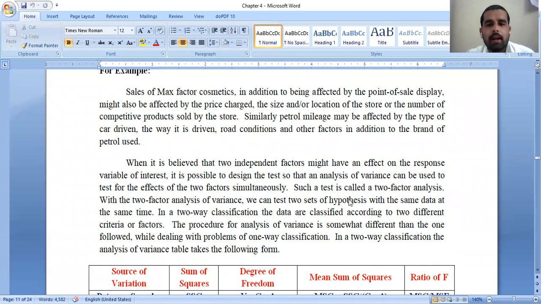Such a test is called two-factor analysis or two-way classification model.